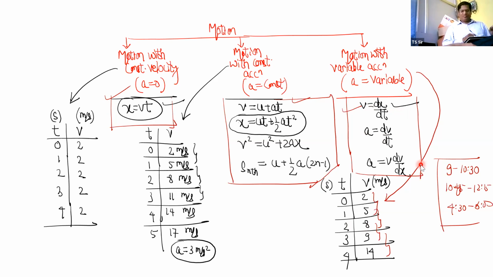Accordingly choose the equation. Some students like x equal to vt so much that whenever the question asks to find position, distance, or displacement, they just use x equal to vt. They don't think that x equal to ut plus half at square, or v equal to dx by dt could also be used. So we need to be careful.